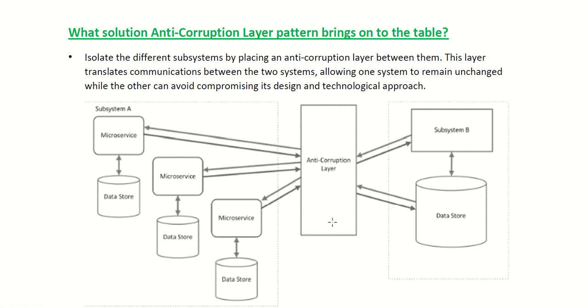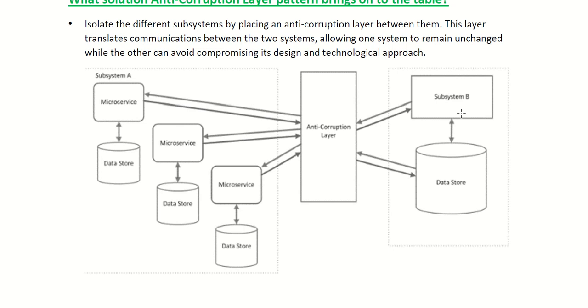So this diagram illustrates that, suppose your subsystem B is a legacy system and subsystem A is a modern system with up to date technologies, but still it wants to get some services from the legacy system. Then if we don't use an anti-corruption layer, it has to compromise. But with the help of the anti-corruption layer, this layer translates communication between these two systems, allowing one system to remain unchanged, that is, the modern day system is not required to change in any way, while the other can avoid compromising its design and technological approach.